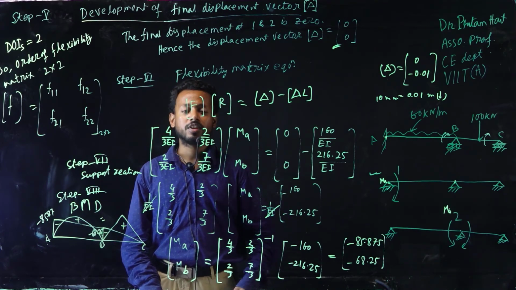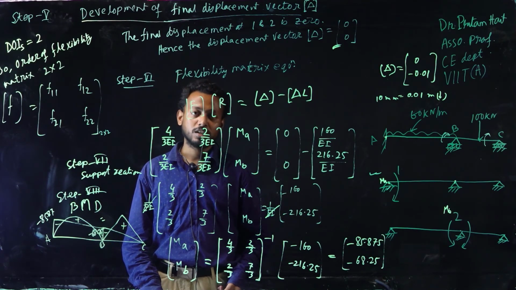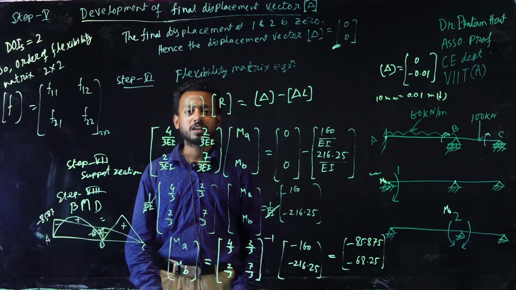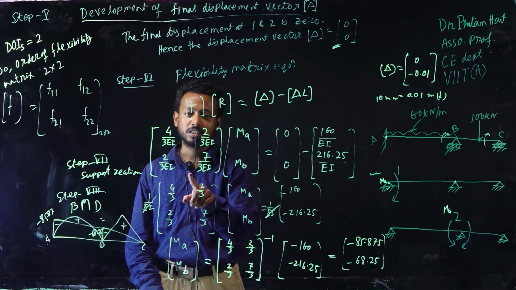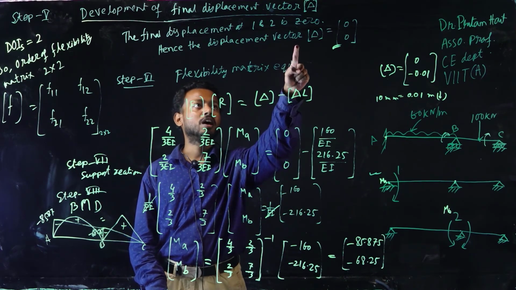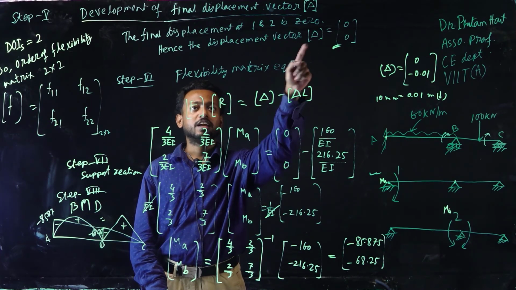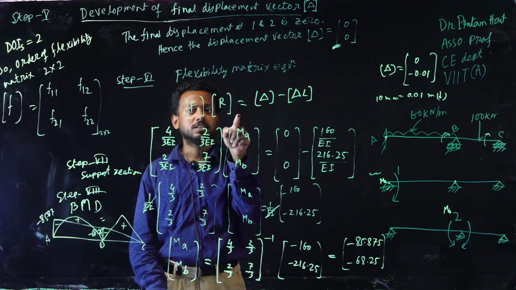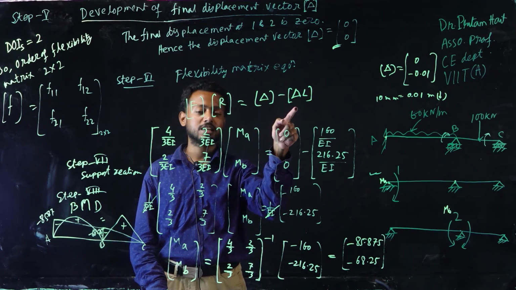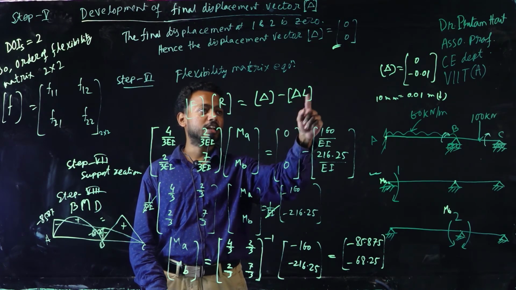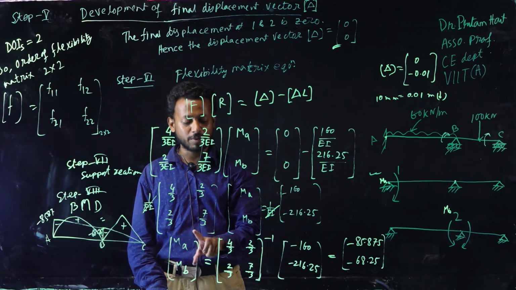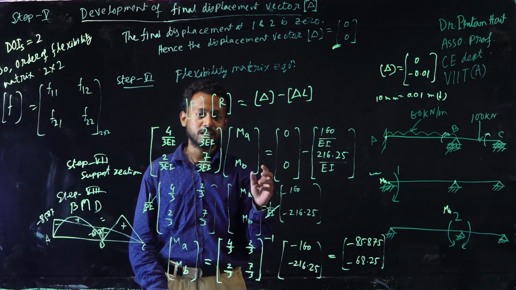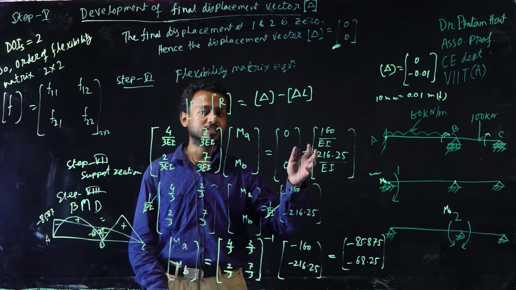So what we did in the flexibility matrix: first you have to calculate the maximum ordinate of the M by EI diagram, then you calculate the elements of the flexibility matrix, then you form the displacement vector, then you write the flexibility matrix equation, that is F into R equals delta minus delta L. Then you separately calculate delta L, then you write all the values of this matrix, then after matrix solution you will get the fixed end moments MA and MB, or whatever unknowns are given in the question.